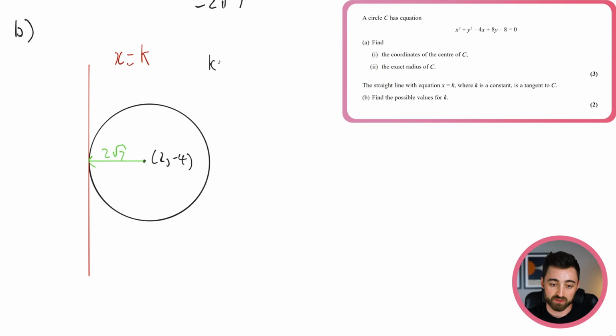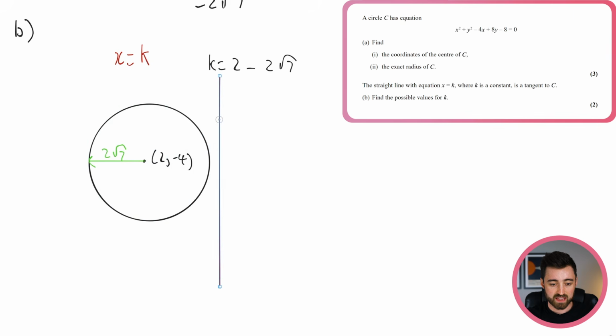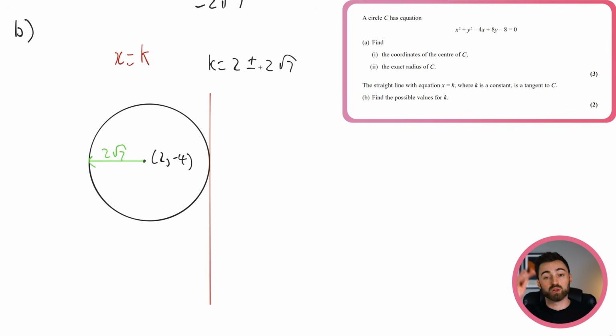So the first value of k is 2 minus 2 root 7. But then what would the other possibility be? Well, the other possibility is if it's here, right? And what would that be? Well, 2. And then again, this distance is 2 root 7 again. So that would just be 2 plus 2 root 7. So my two possible values of k there are just 2 plus or minus 2 root 7.